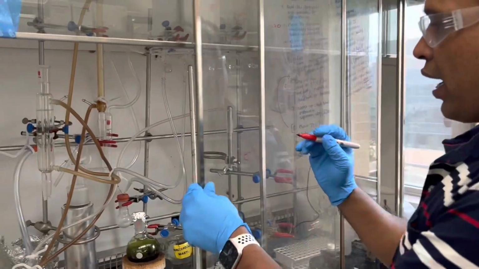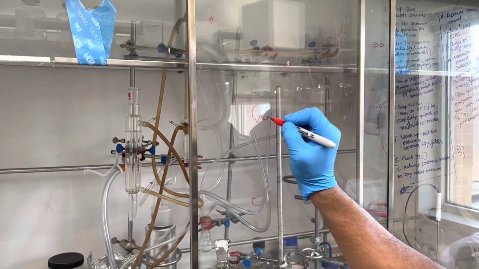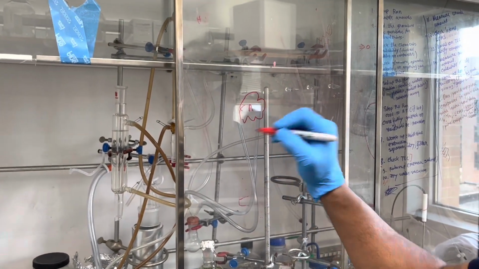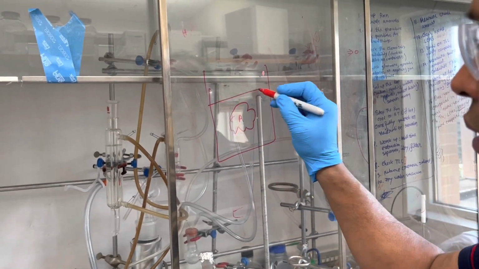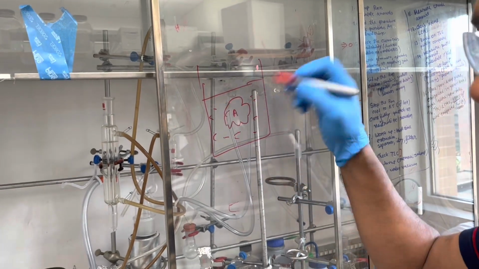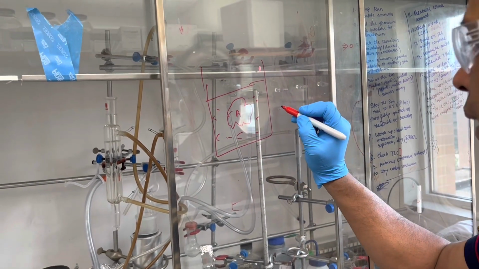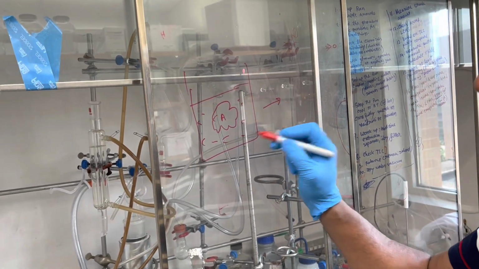Suppose you have a starting material A, and you used dry, anhydrous diethyl ether as the solvent for the reaction. In that case, this starting material A was soluble in the diethyl ether.